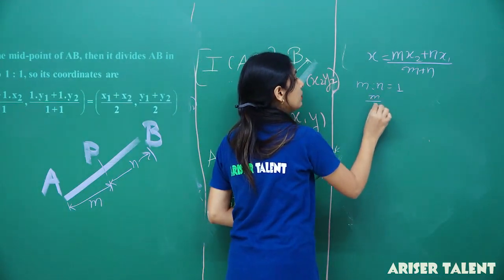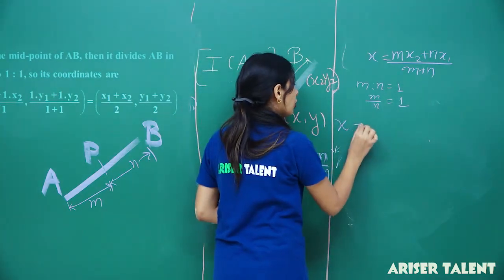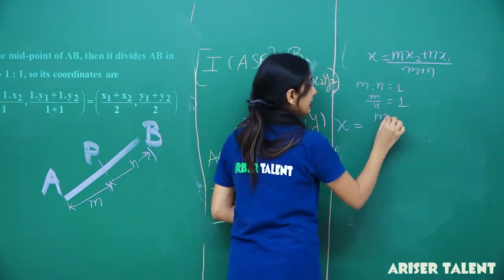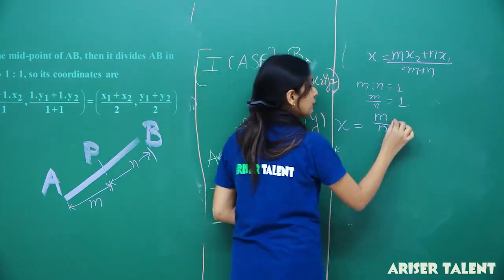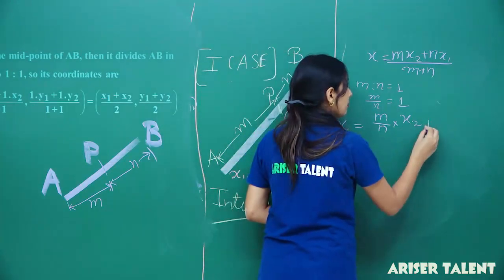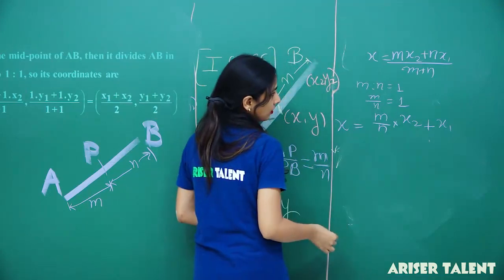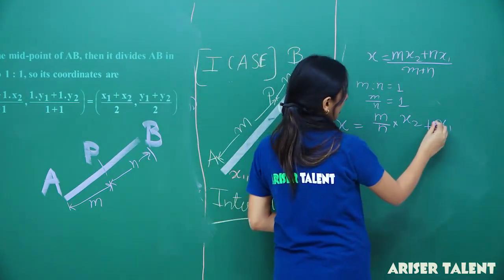That means M by N equals 1. Isn't it? So if I take N common in this X, that will be multiplied by X2, right? Plus N, so that will be X1. Okay.